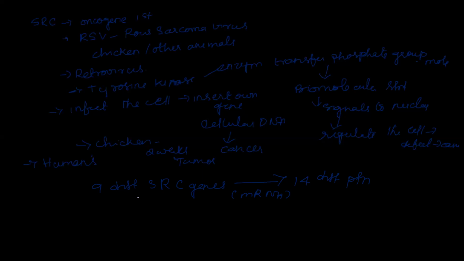So talking about SRC, this is the first oncogene discovered, and it is identified as a cancer-causing agent of Rous sarcoma virus. It infects chickens and other animals. It is a retrovirus, and it is a tyrosine kinase, that is, it has the ability to incorporate a phosphate group into the host. Once it infects, it is going to inject its own gene into the host cell, and the whole process, as we know, takes place.